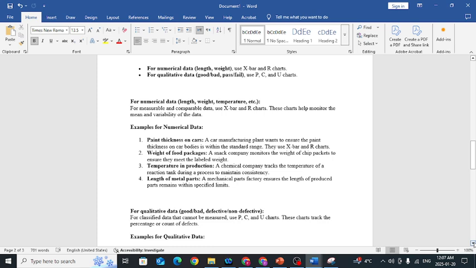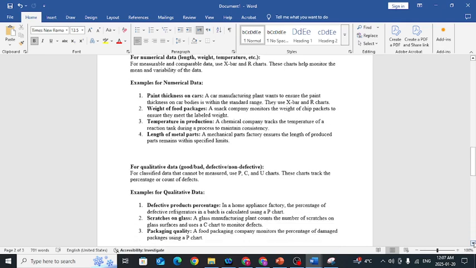The last example is the length of metal parts. A mechanical parts factory ensures the length of produced parts remains within specified limits. So they should use the X-bar and R chart for measuring this quality.